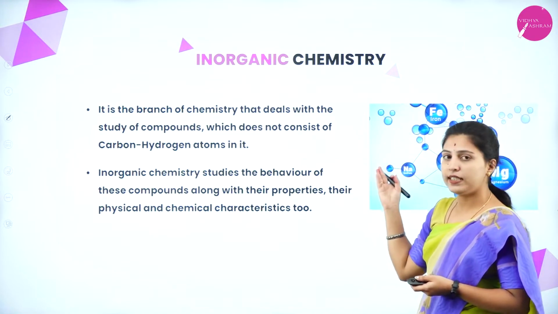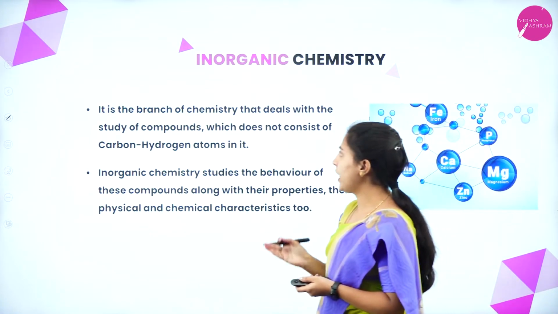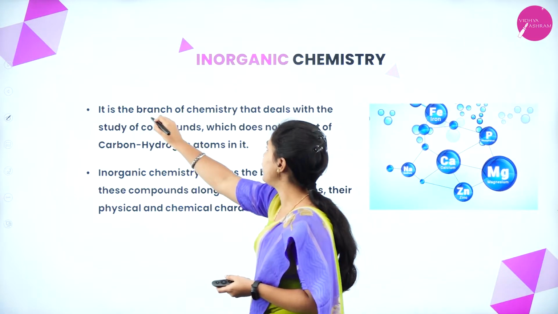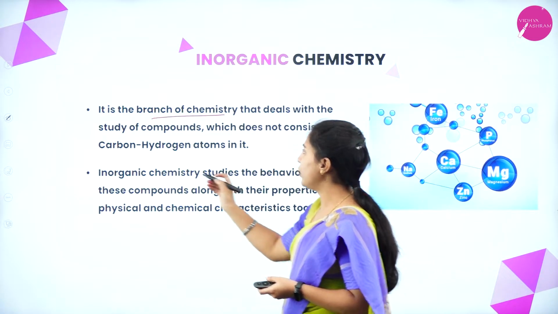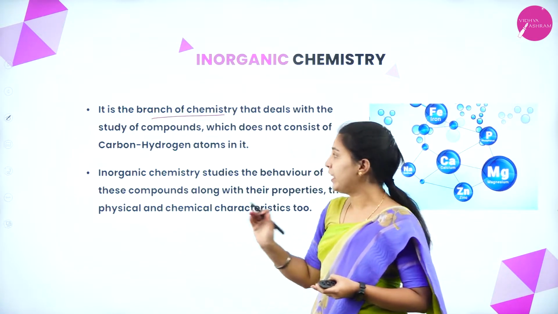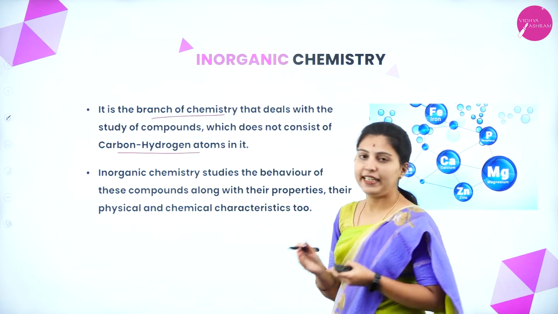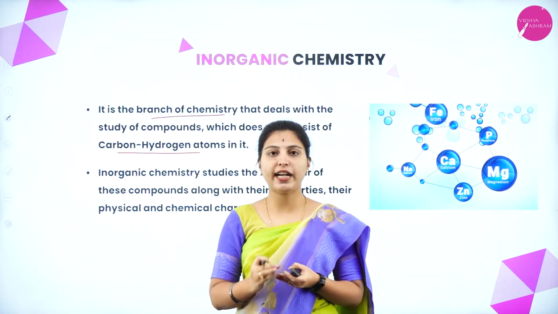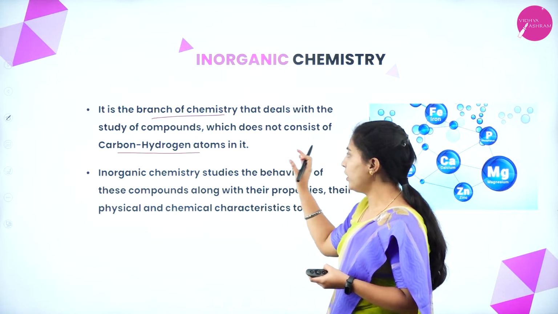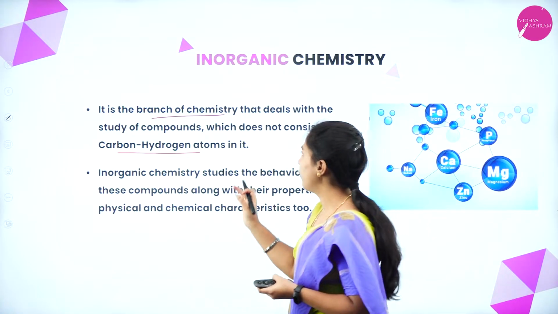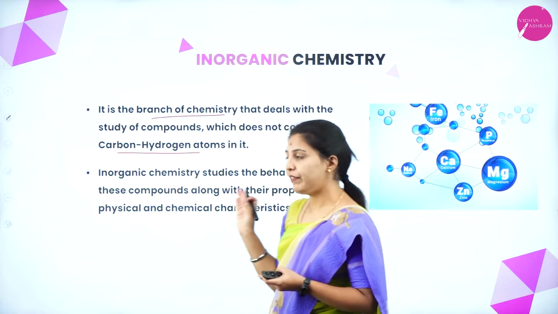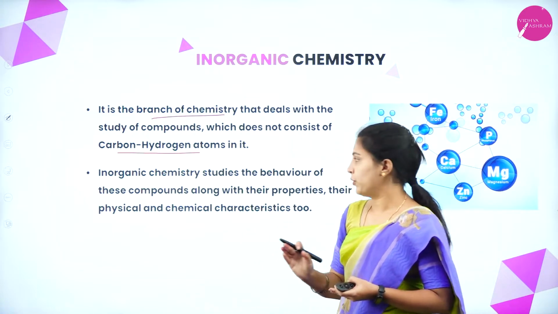Next, we will take the part of inorganic chemistry. It is also the branch of chemistry that deals with the study of compounds which do not include carbon and hydrogen. The carbon-hydrogen atom should not be in that compound. Those compounds we will consider as inorganic compounds. Here we will study those compounds.